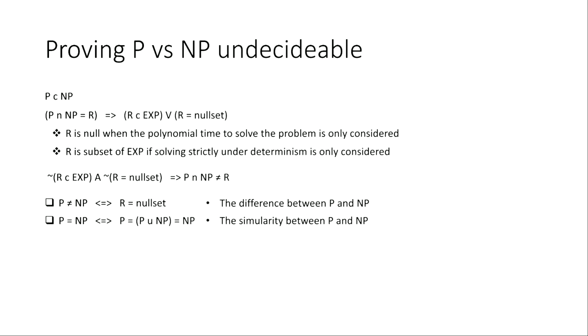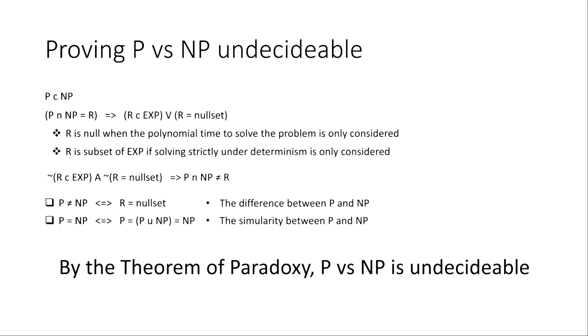Now, if I were to apply the theorem of paradoxy, we find that P versus NP is undecidable. We find that because differences and similarities do exist, and are justified from the previous rules we have established, then it should hold that P versus NP must be undecidable.